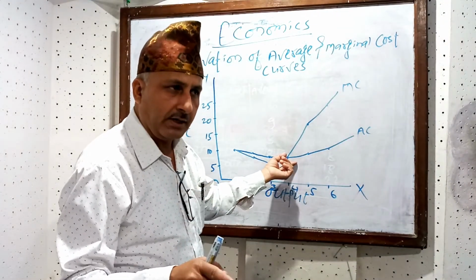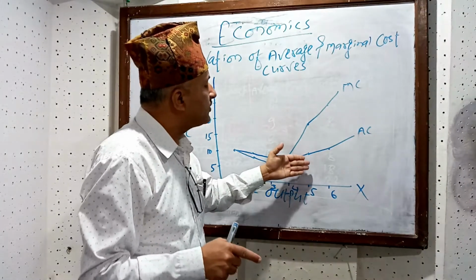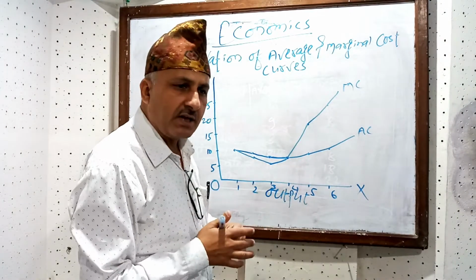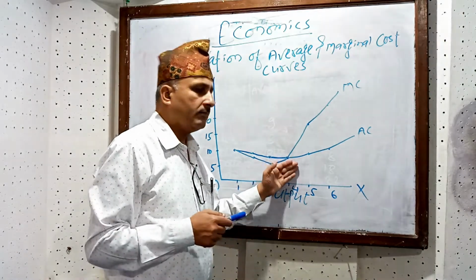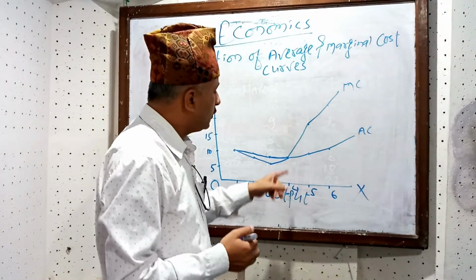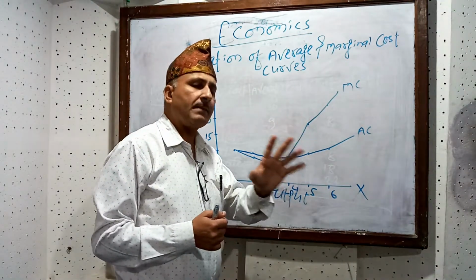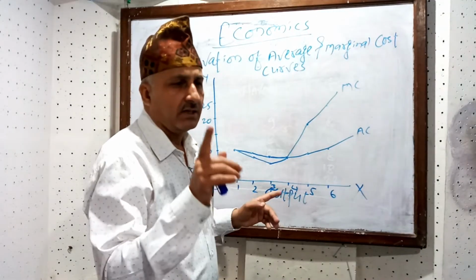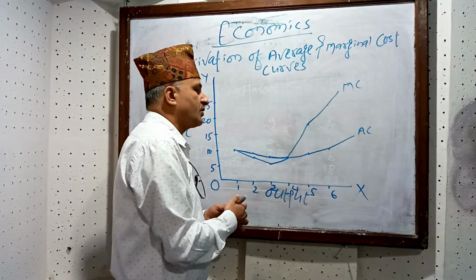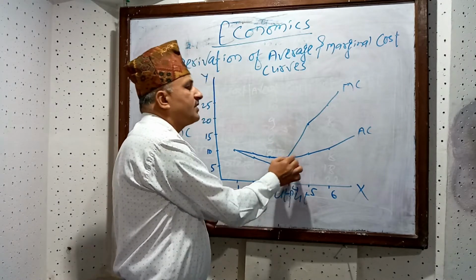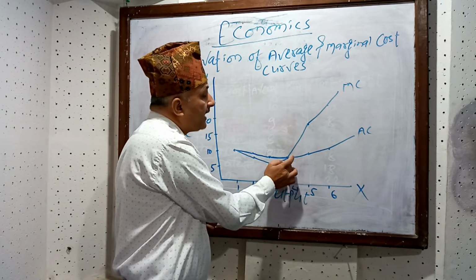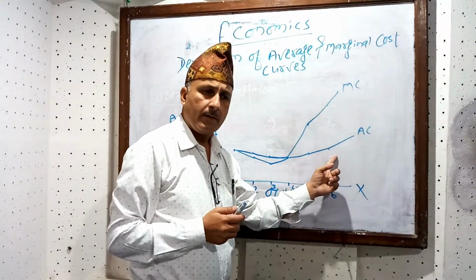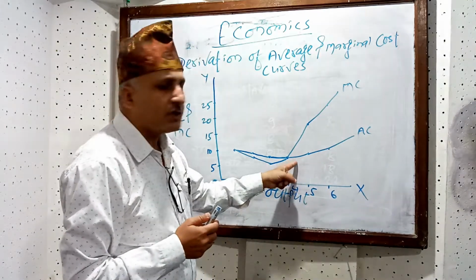You must remember this, because this type of diagram is also necessary when we discuss the price and output determination process under different types of market structure. That's why you must remember that AC and MC are equal to each other at AC's lowest point. At no other point does MC intersect AC. After that AC also starts increasing, but the rate is very slow.